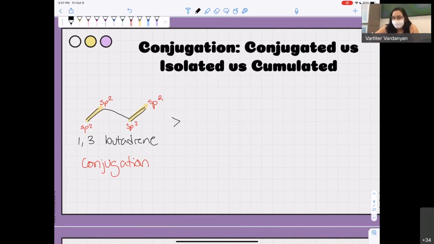Next up on the list is isolated. So isolated dienes are ones where you have two double bonds that are separated by more than one single bond. AKA, now it's no longer completely sp2. We have sp2, sp2, but it's separated by sp3. And if you remember from Orgo 1, you can't do resonance with sp3.